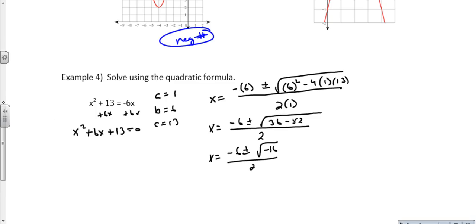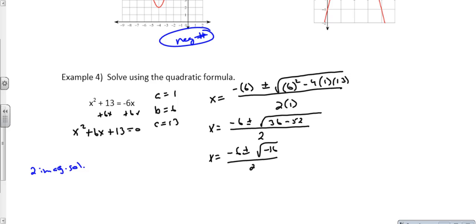Now before I go any further, let's state one thing. I have a negative discriminant. The number inside the square root is your discriminant. In this case, it's negative 16, which means we're going to have two imaginary solutions. Okay, which means if we were to graph it, there would be no intersection points.